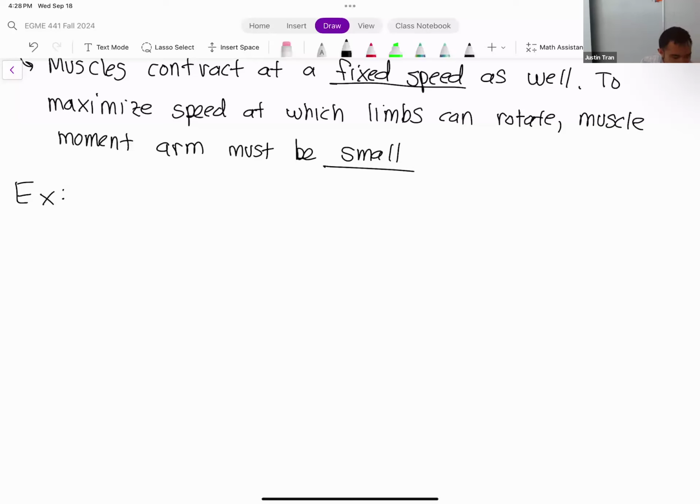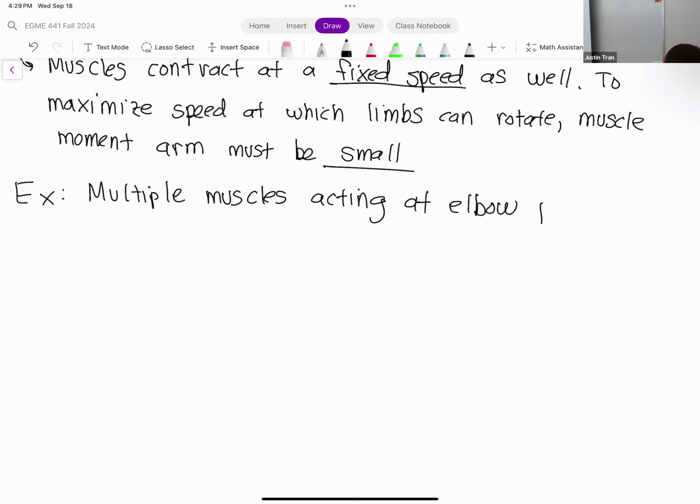So let's repeat the same example, where you're supporting a weight in your hand, but let's bring some other muscles into it as well. Let's consider the elbow joint once again, but with multiple muscles in this case.